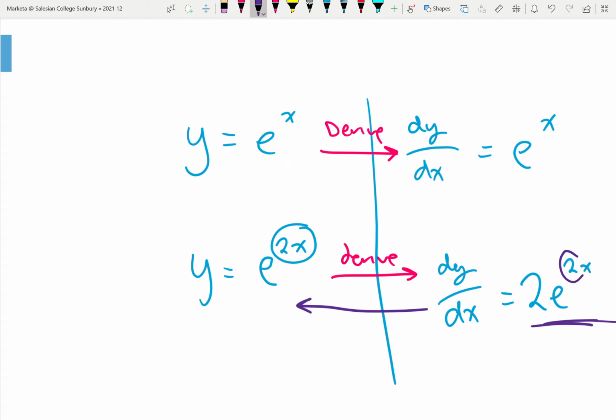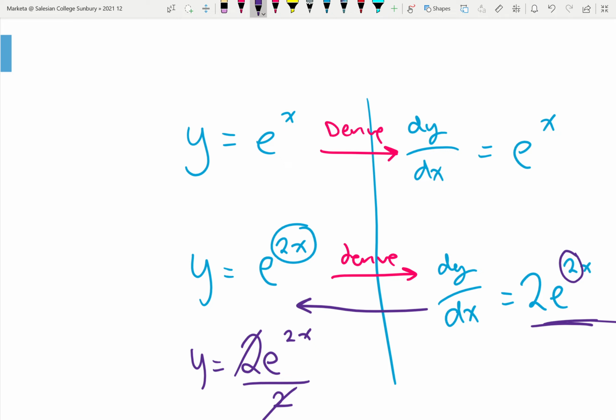So it makes sense that when we went the deriving way, we times by 2. So if we're going backwards, we must be dividing. So that's exactly what we do. We say 2e to the 2x, and we're dividing by 2. So we end up with e to the 2x. So you divide by whatever the derivative up here is.